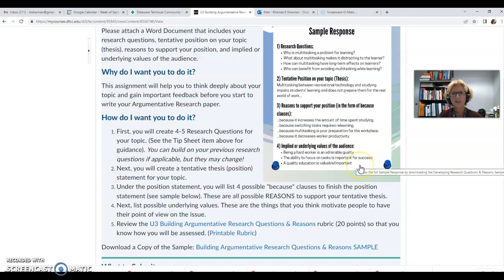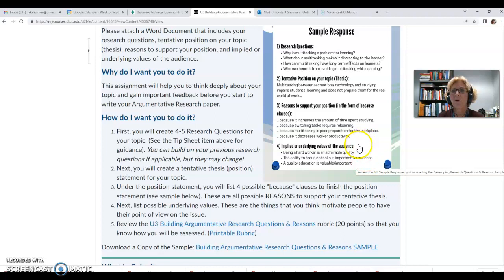And then the last section is to think a little more deeply about the underlying values of the audience. So when you're making your position known, what are the values and the attitudes and the philosophies, if you will, that your position is going to invoke.